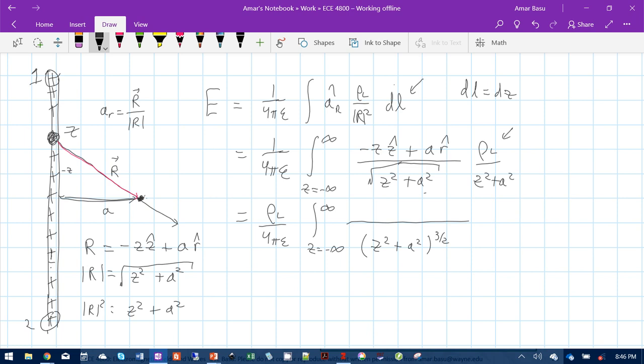They should cancel out. If you don't believe me, you can go ahead and do the math, and you'll actually see that those z terms will cancel out. But as an engineer, if we know some things will cancel out, get rid of it. Make the math a little bit easier. We just got rid of that term entirely.